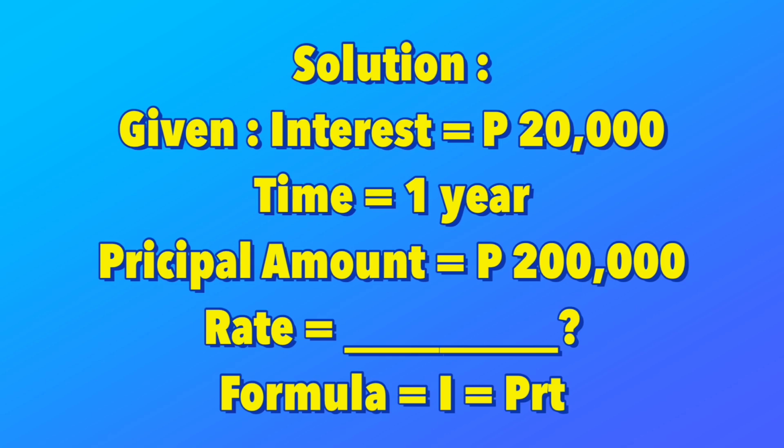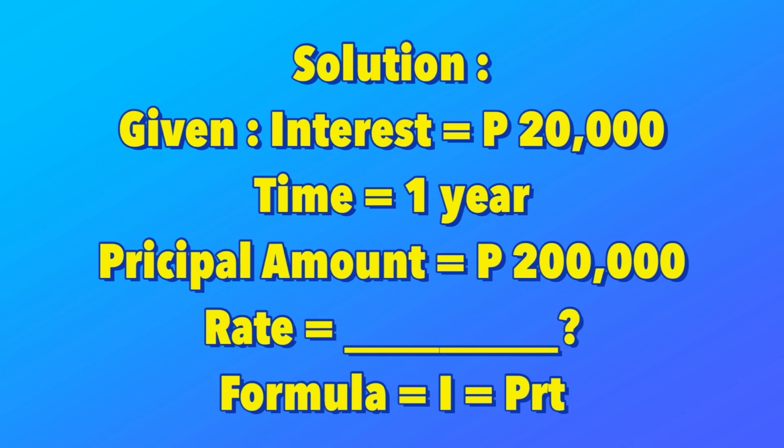So in this situation, we can use the very common formula, I equals PRT. I stands for the interest, P stands for the principal, which is the amount, R is for the rate, and T for the time. And time is expressed as 1 year.